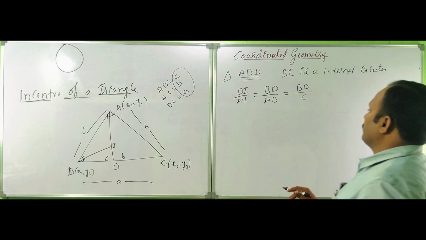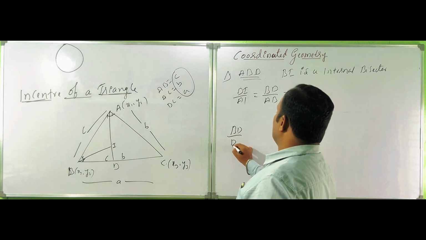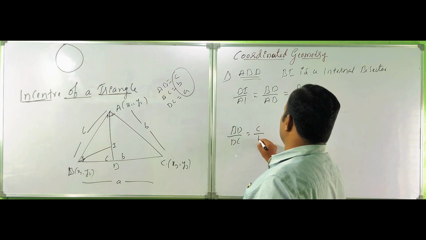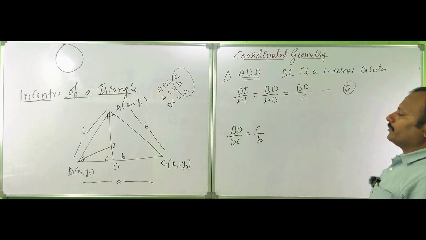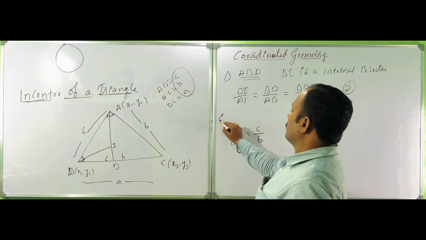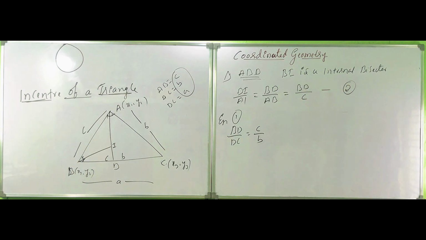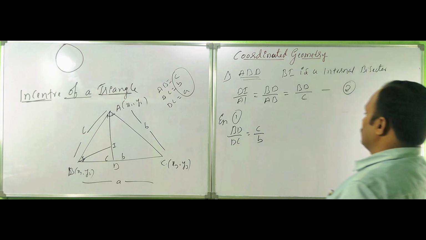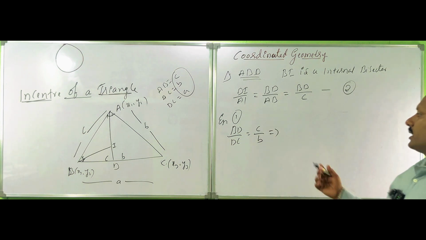From the previous equation 1, from the previous class, BD by DC is equal to c by b. This is equation 2. They have given some assumptions here and taken some extra points.